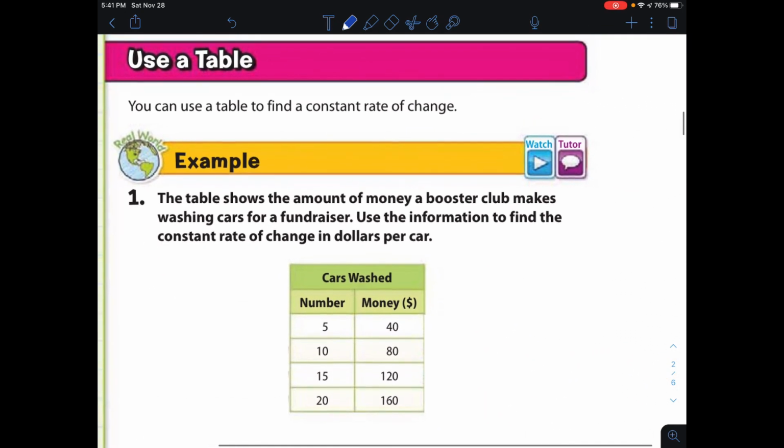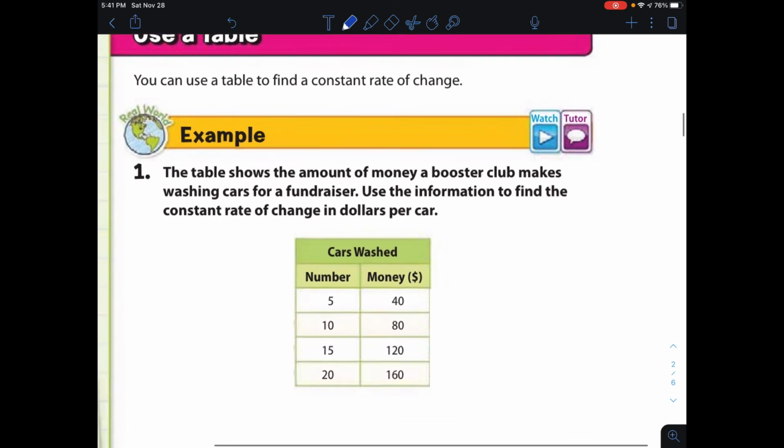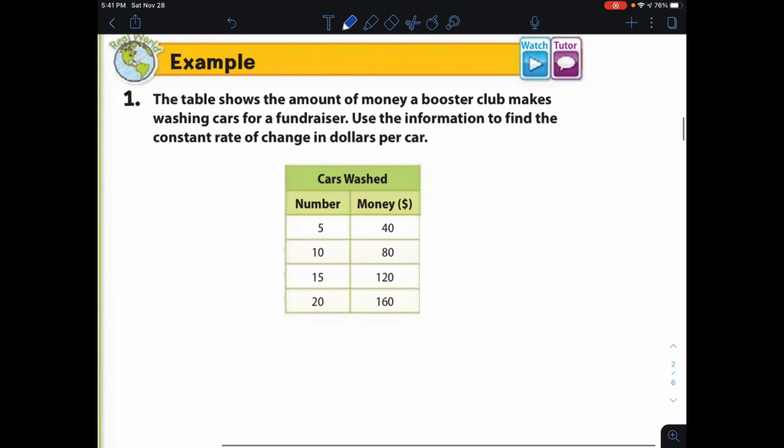We can actually use a table to find the constant rate of change. The table shows the amount of money a booster club makes washing cars for a fundraiser. Use the information to find the constant rate of change in dollars per car.